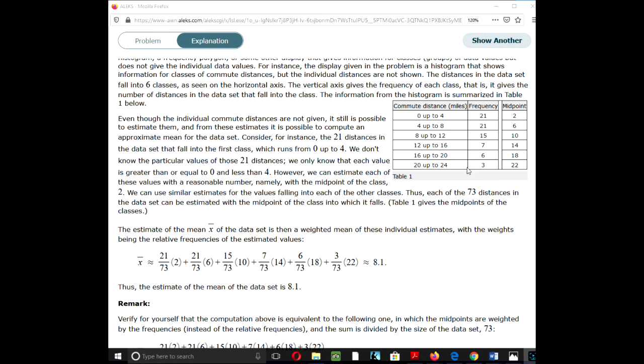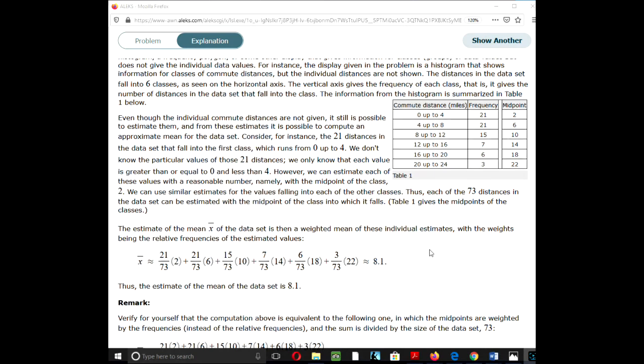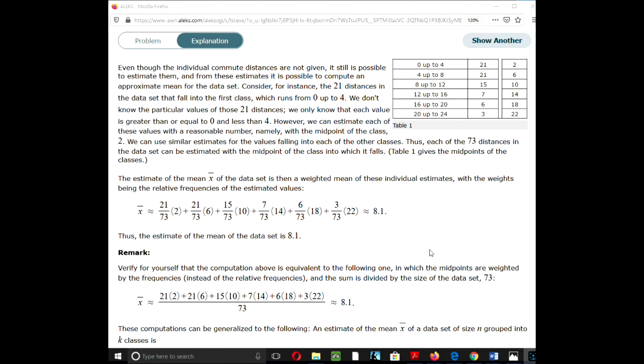When I added the products, I got 590. And I divided that 590 by 73 because 73 students participated. Then I came up with 8.08, so I rounded it to 8.1. Okay, that's how you work that kind of problem.